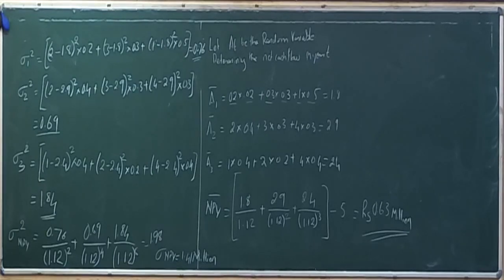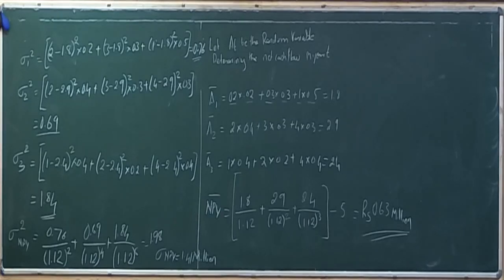Now moving on to the second part, the standard deviation calculation. Sigma 1 raised to 2, the variance for the first year, is calculated as 2 minus 1.8 raised to 2 into 0.2 plus 3 minus 1.8 raised to 2 into 0.3 plus 1 minus 1.8 raised to 2 into 0.5.